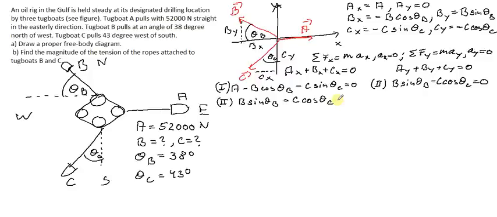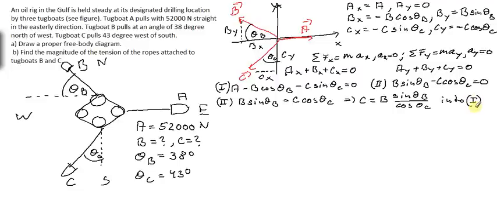Now I'm going to solve that, for example, for the magnitude of C, which is unknown. So C equals B times sine theta B over cosine theta C. This seems not too hard yet, but we neither know B nor C. But now I can take this and substitute it, so I put this into equation 1.